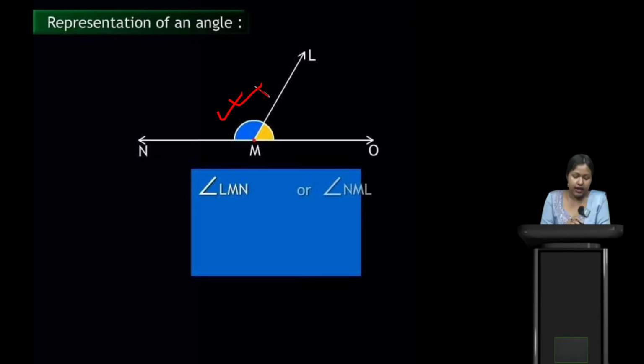When we represent angle NML, we have a clear idea about which angle we are talking about, right? Or we can write it as angle NML, because the condition is on the vertex only, not on the arms, not on the other 2 points, right?